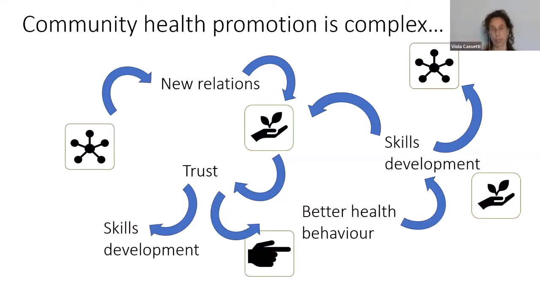Then we were raising awareness about the sports club. And then we were increasing better health behavior. And by having better health behavior, you can engage in other things, and you're still developing skills. And then you're connecting again with other resources. So that's somehow the complexity that we need to deal with when we work with community health, which makes it so challenging.